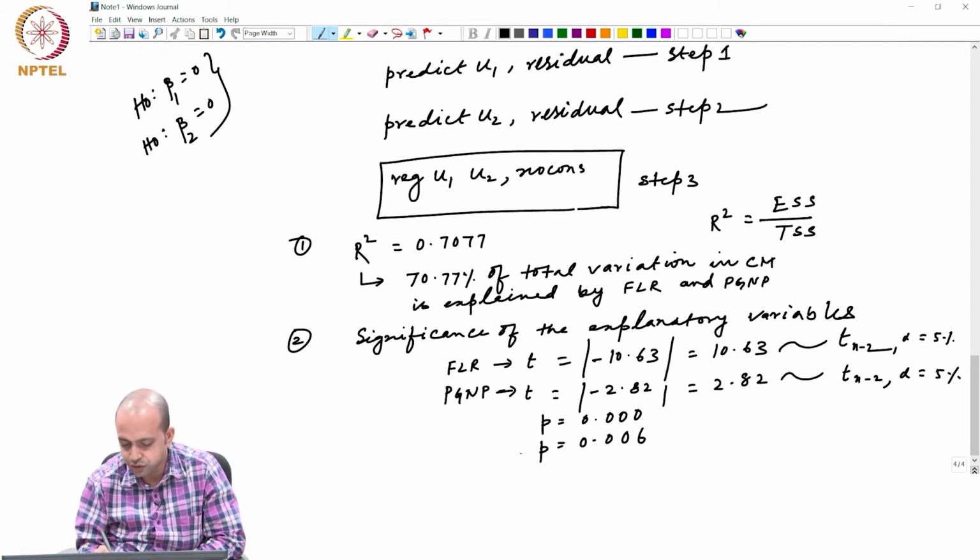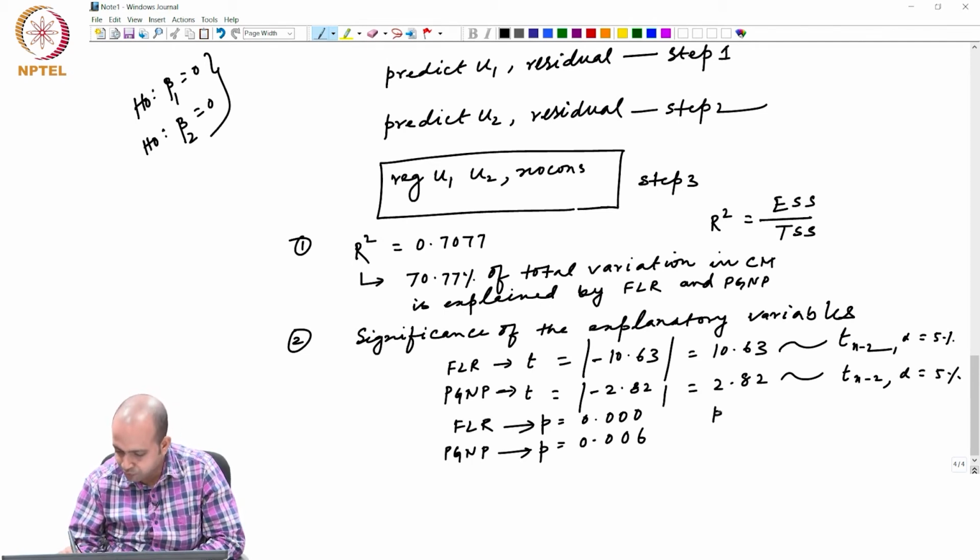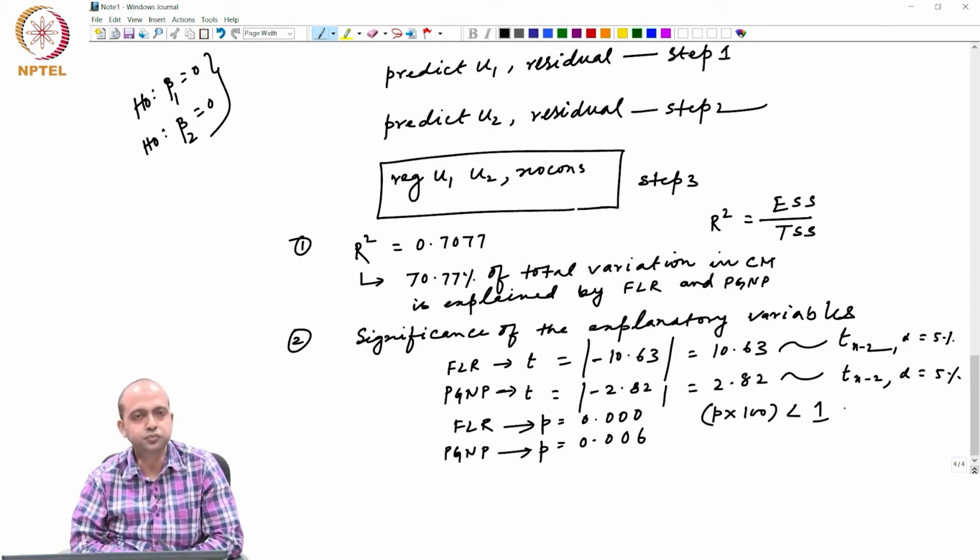We have to multiply p with 100, and in both of these cases it is less than 1. This is 0.0, this is 0.6, both are less than 1.